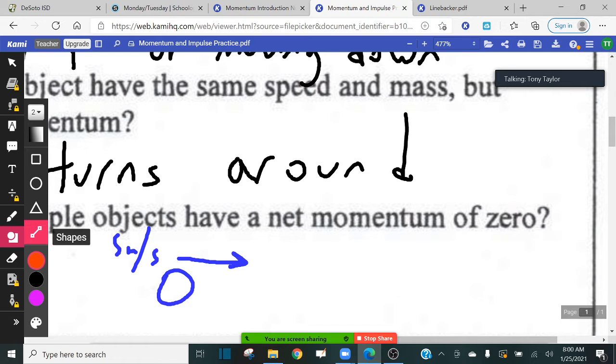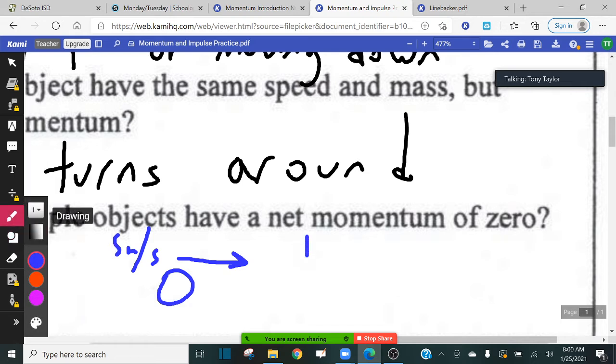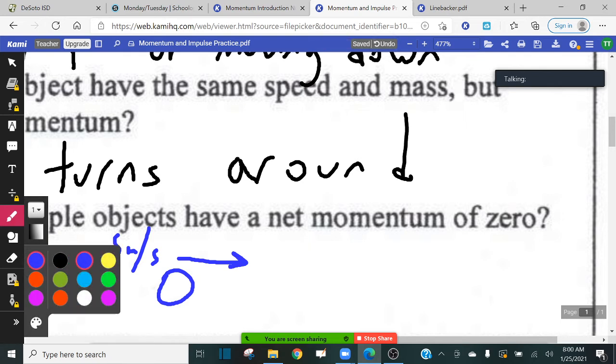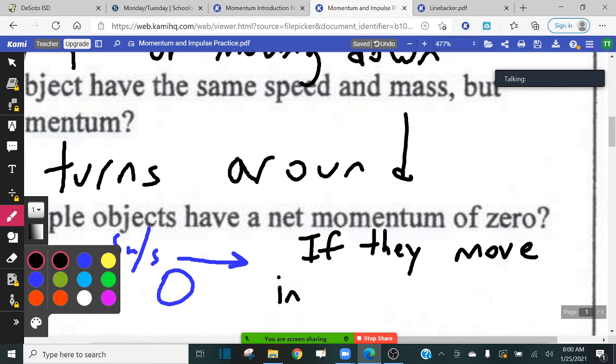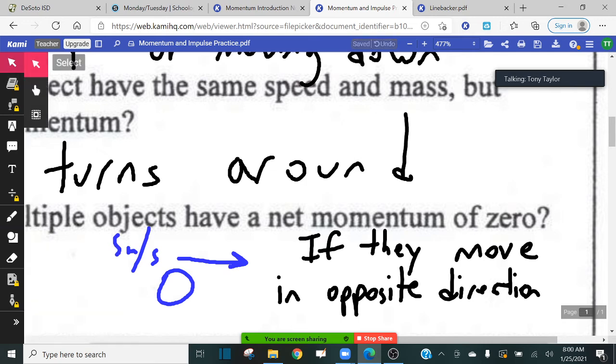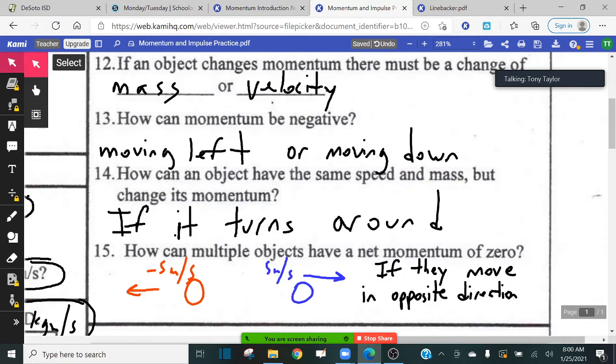So if two objects move in opposite directions, and again, we're assuming that they have the same speed, it's possible that when you combine their momentums, you get 0. Okay.